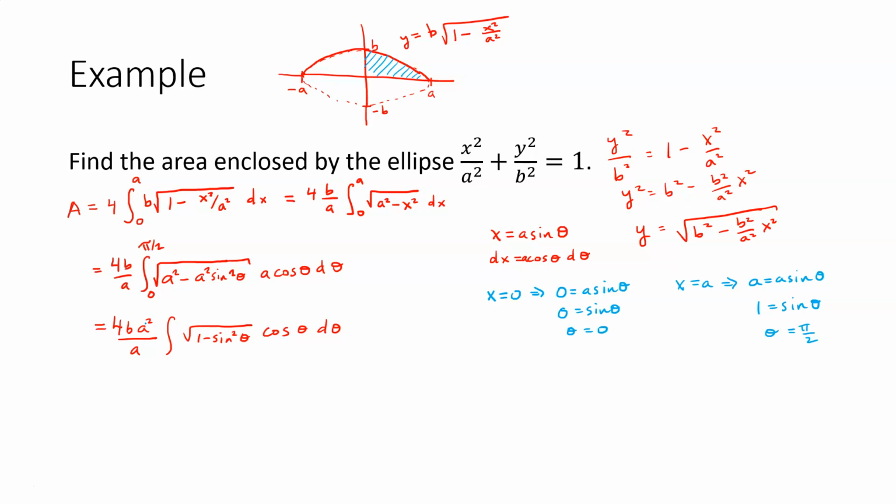Here I can divide out the a there. And then we know that the square root of 1 minus sine squared will be the square root of cosine squared, which will just be cosine without the square root. Okay, so already our integral is starting to look a lot better. We got 4ba on the outside here, and then we got cosine theta times cosine squared theta, from 0 to pi over 2.